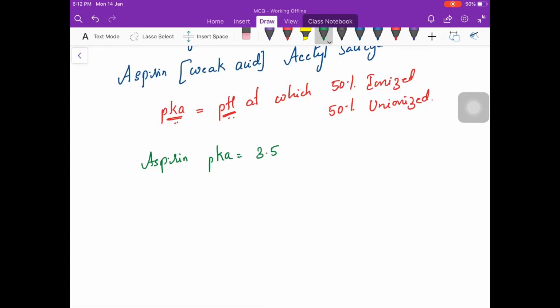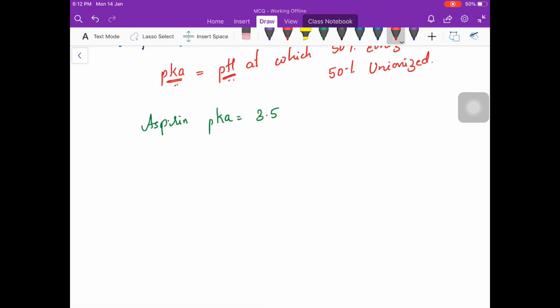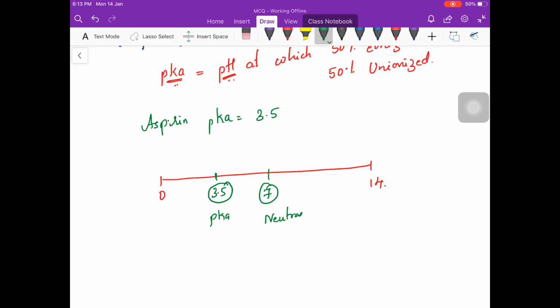So what do you mean by that? Let me write the pH value from 0 to the extreme of 14, and the middle of this is the neutral pH, that is 7. Now the 3.5 will come around here. This is the pKa where the drug is 50% ionized and 50% unionized.